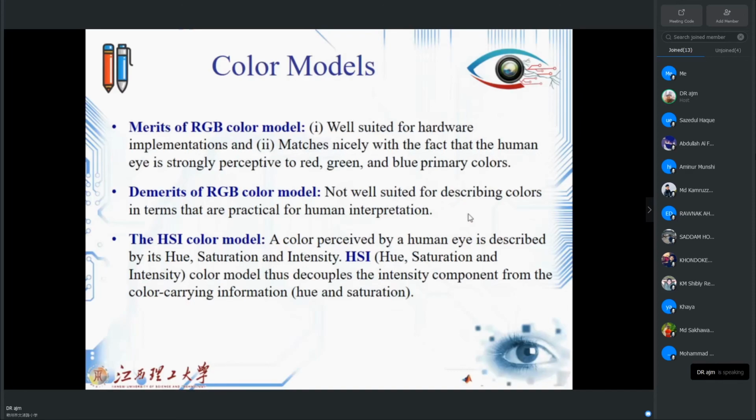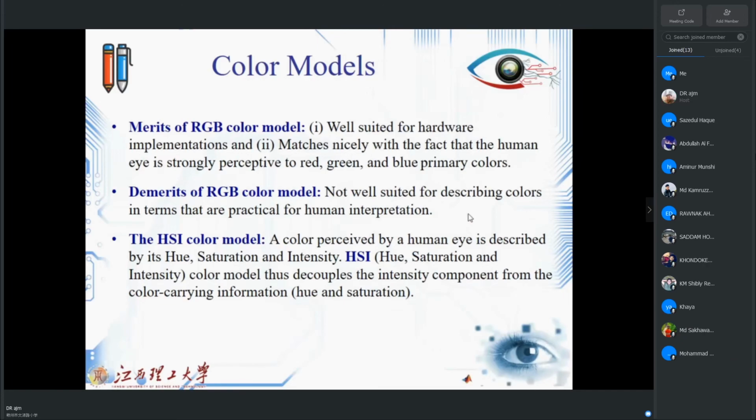Now we have one model which we call HSI, in which a color perceived by the human eye is described by its hue, saturation, and intensity. HSI, the abbreviation of the hue, saturation, and intensity color model, thus decouples the intensity component from the color-carrying information of hue and saturation. Keep in mind what HSI is.